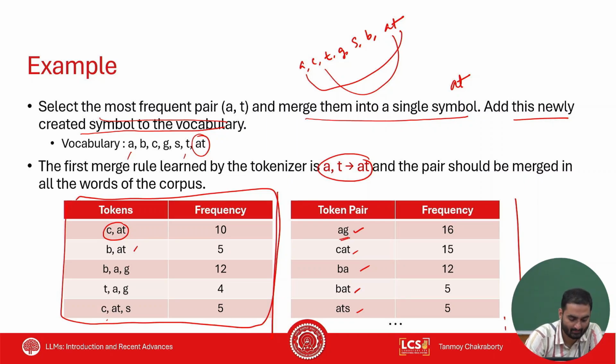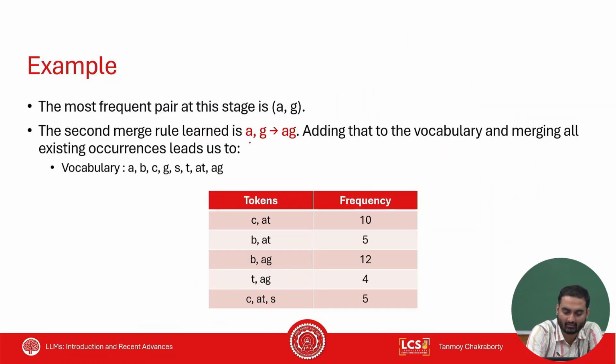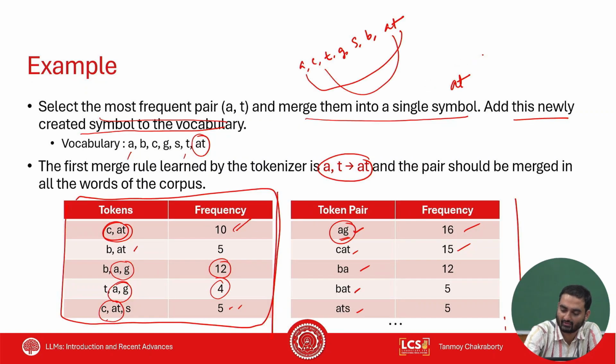So if you merge AG, look at the frequency. AG appears here with the frequency 12, AG is here with the frequency 4, so totally 16. What about cat? If we merge C and AT, 10, C and AT, 5, 15, and so on and so forth. Again, what is the highly frequent token pair? It is AG in this case. So we repeat the same thing. We learn a new rule, A comma G derives AG.